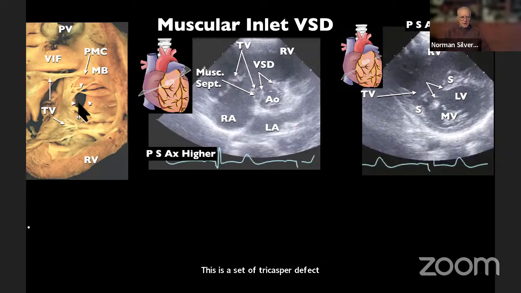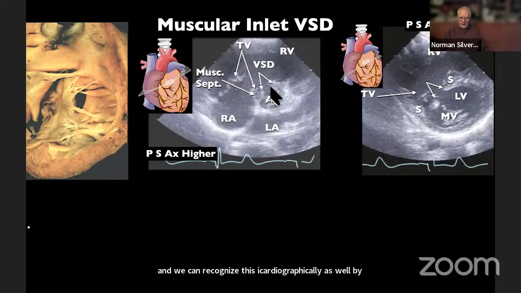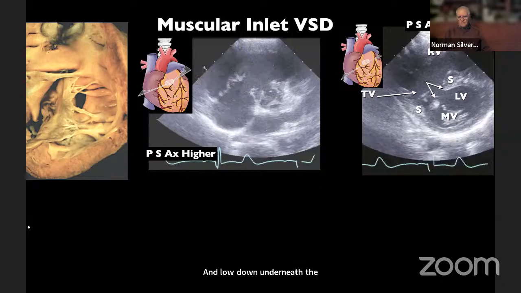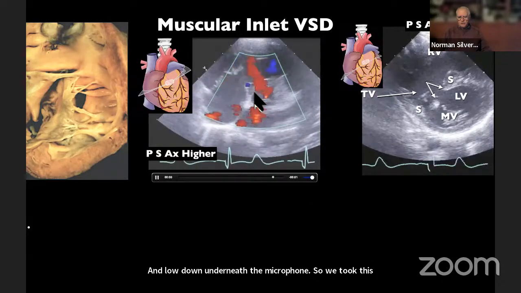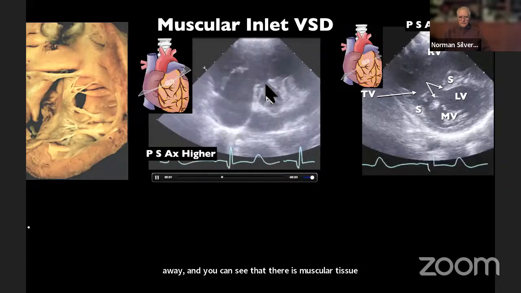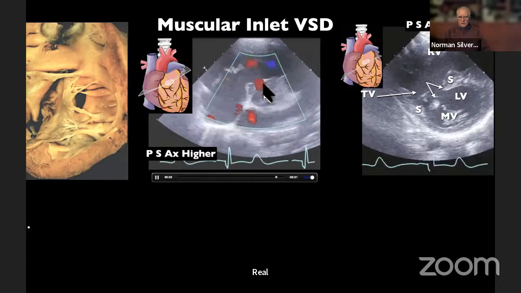And we can recognize this echocardiographically as well by looking at the muscular tissue surrounding the ventricular septal defect, both high up underneath the left ventricular outflow tract and low down underneath the mitral and tricuspid valves. So we took this away, and you can see that there is muscular tissue here in real time. The ventricular septal defect is smaller.